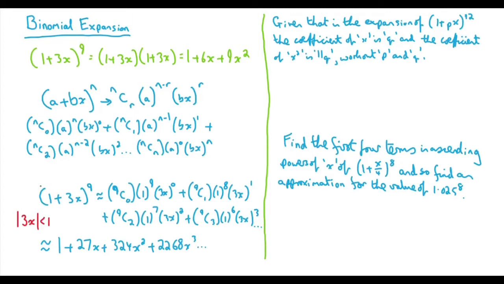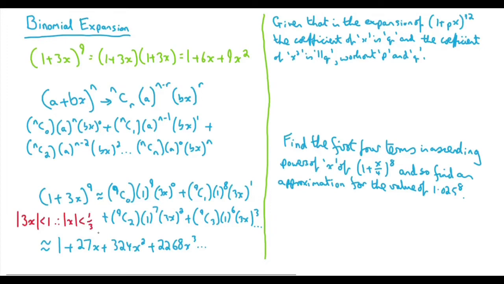But in general, we're saying that regardless of the sign, whether it's a positive 3x or a negative 3x, it has to end up being less than 1. So 3x has to be between -1 and 1. Therefore, the modulus of your x has to be less than a third.